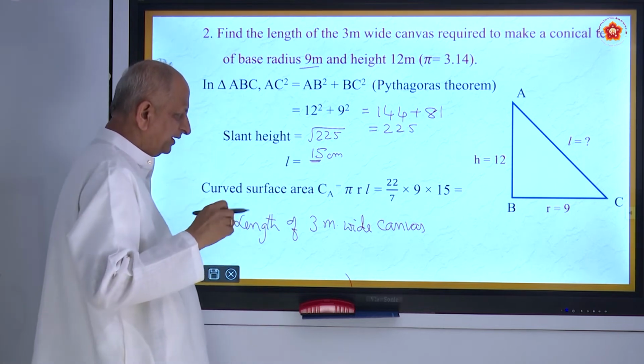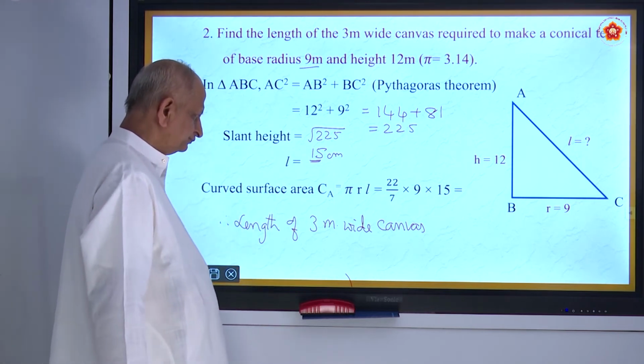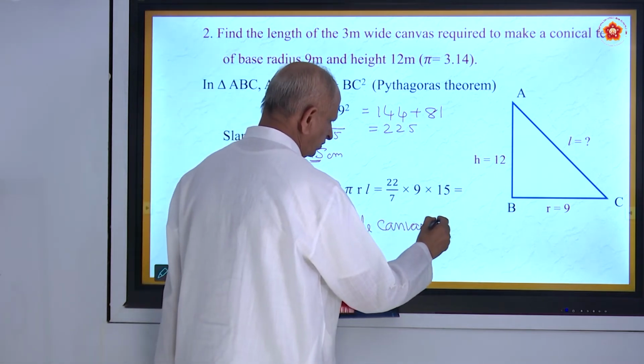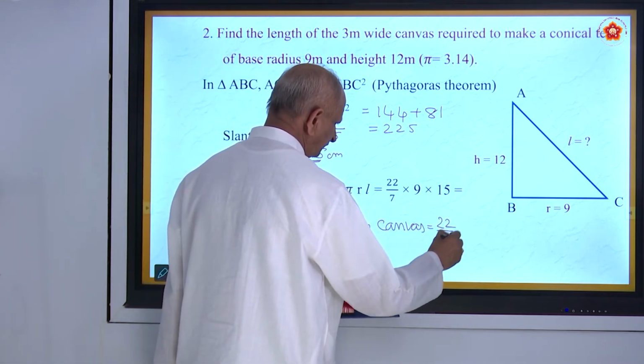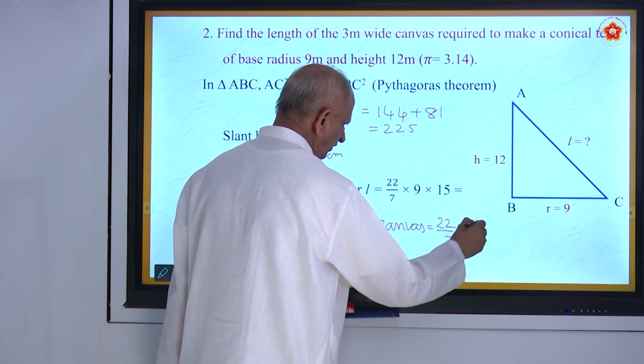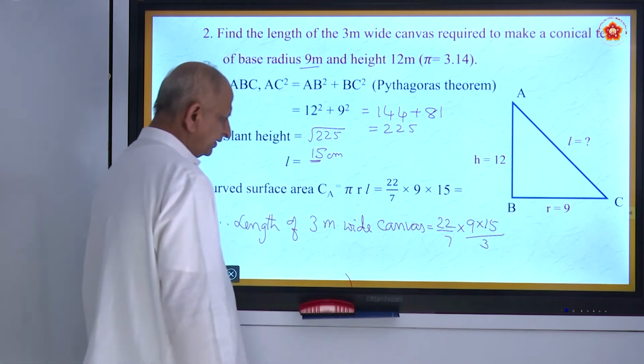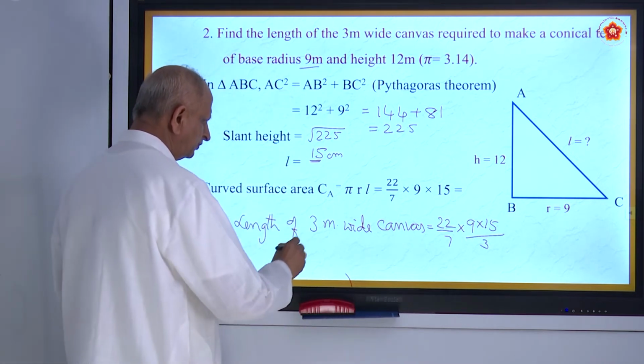That means you must divide the area by 3. Is it not? Is equal to 22 by 7 into 9 into 15 by 3. That is the length of canvas.